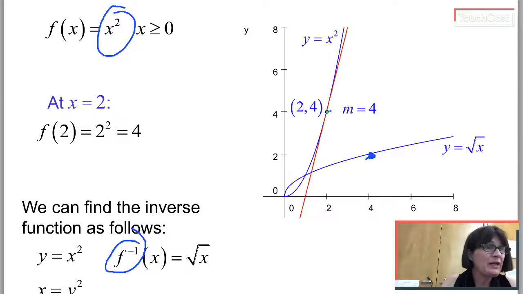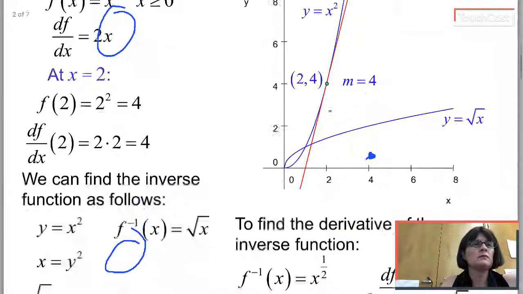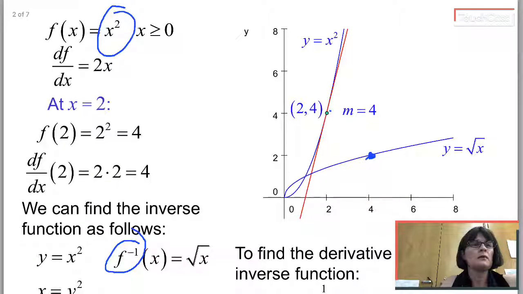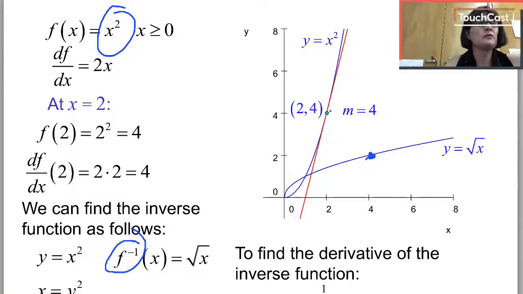So check out what we can notice about the slopes. I can take the derivative of both of those functions, and the derivative of square root of x is 1 over 2 times the square root of x. I could find the slope at both of those corresponding points.